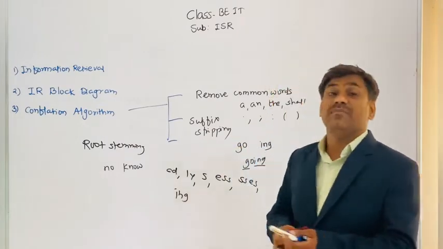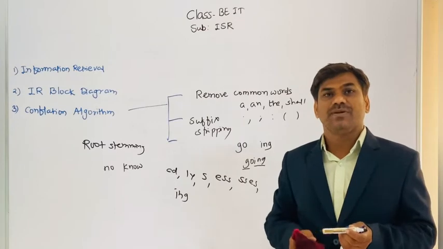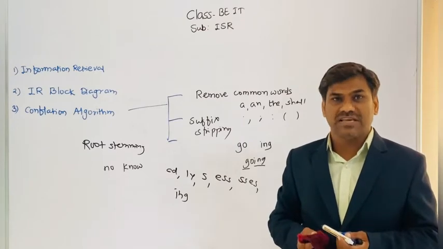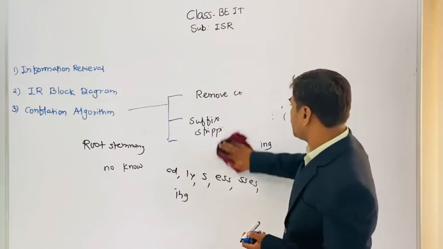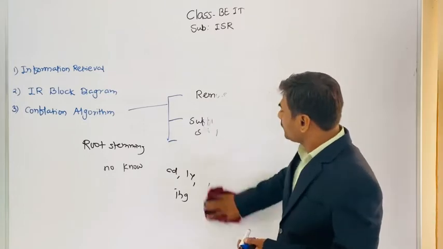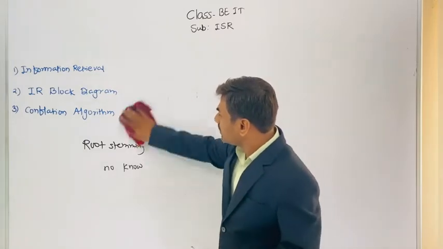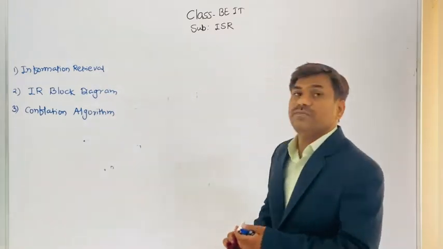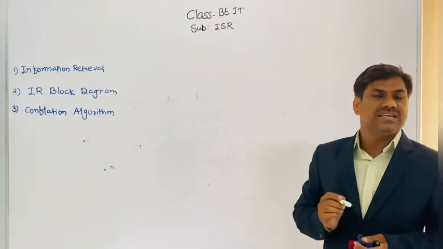I will take one example which has appeared many times in the final examination or end semester examination, and it is asked to be solved by the conflation algorithm. Now what is that example?